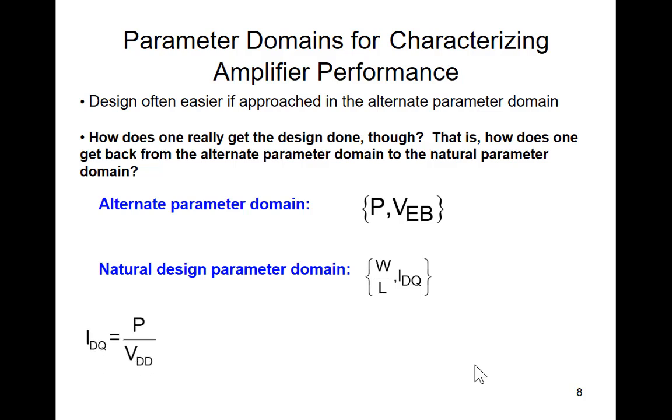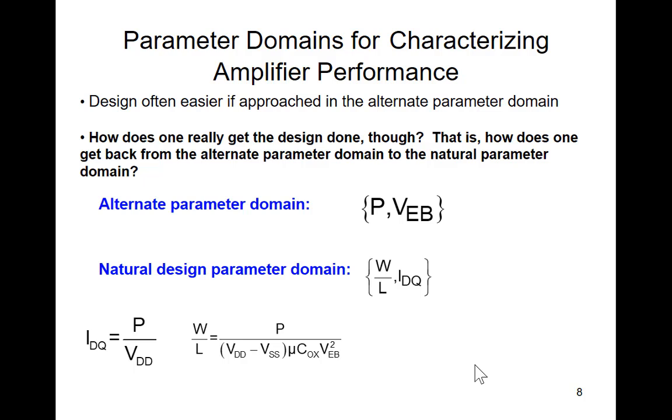So I know that power, if VSS equals 0, is equal to IDQ times VDD. So I just have to divide the power by VDD, and I've got IDQ. That was one of the design variables I needed. And I know that it should have been VDD minus VSS here if VSS is not 0.